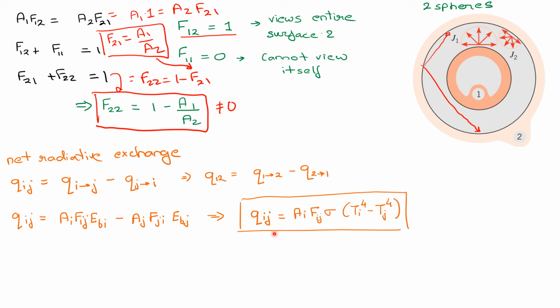Okay, and if your areas are equal, if Ai is equal to Aj, you can take Ai common, and by reciprocity your F of ij will be equal to F of ji.